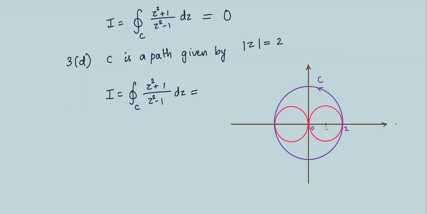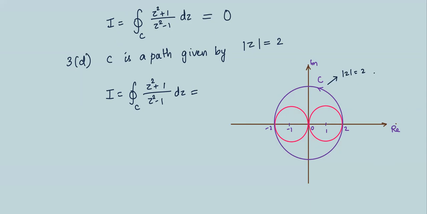This is 2, this is 1, this is -1, this is -2. This is the real axis, this is the imaginary axis. So this path is mod Z equal to 2.